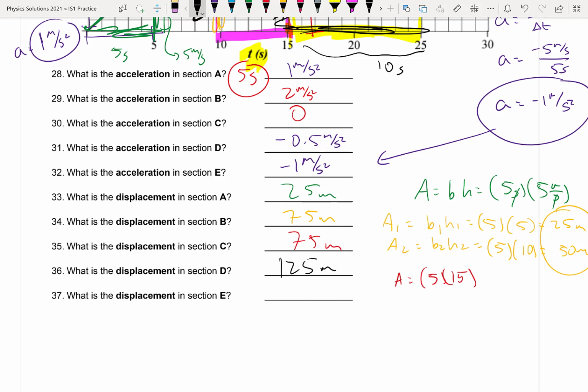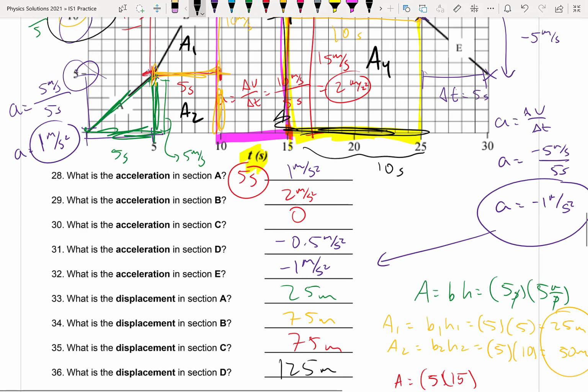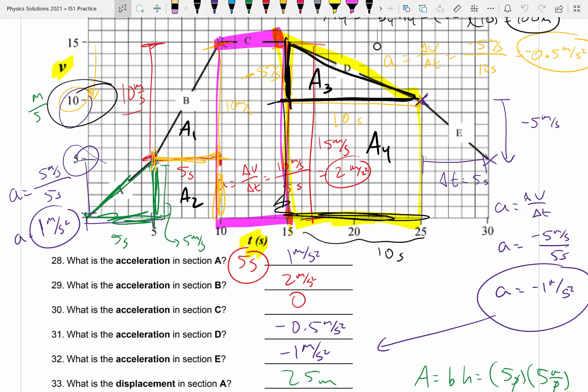So lastly, I got displacement of E. Again, I want to find the area under this graph. So my base is going to be 5 seconds, but I'm going to split this up into area 5 and 6. This is area 6.